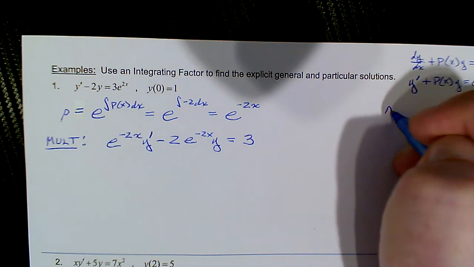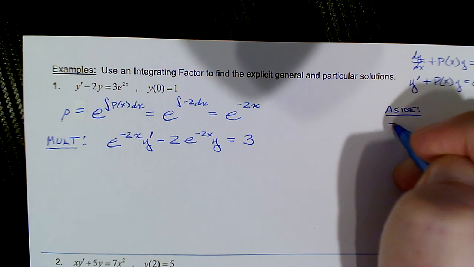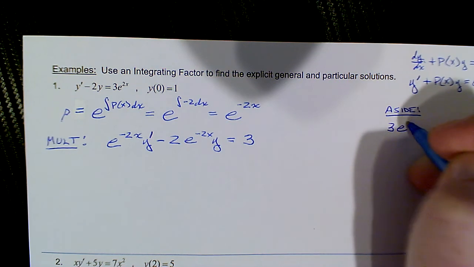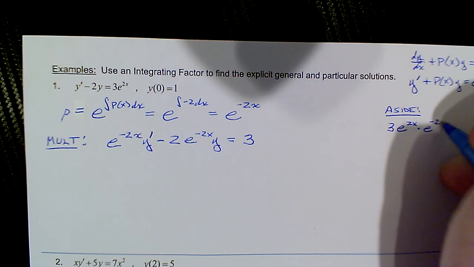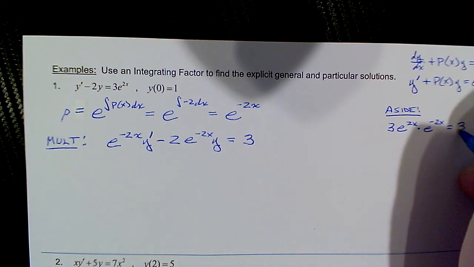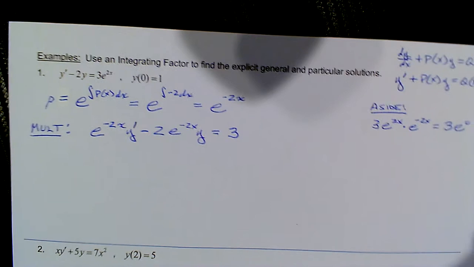And just throw this aside. Should be able to do this mentally. We're taking 3 e to the 2x and we're multiplying it by e to the -2x. So that's 3 e to the 0, or just simply 3.